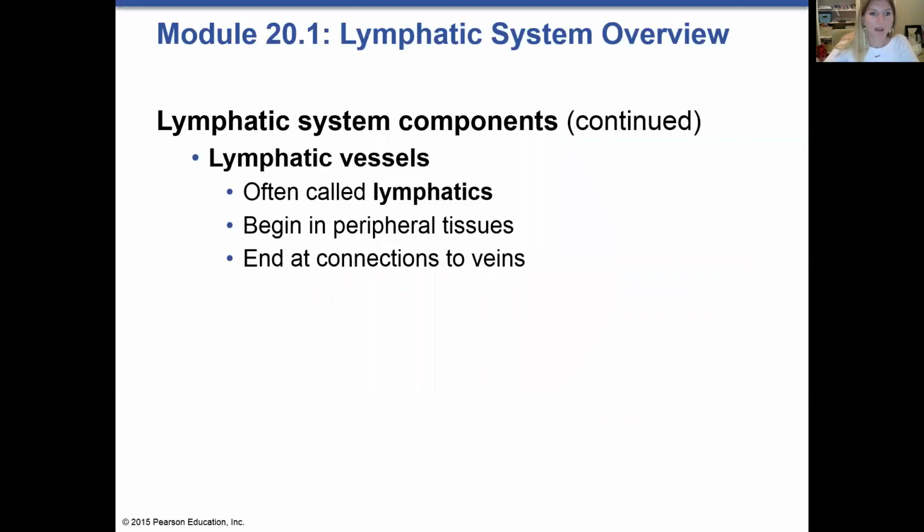All right, so lymphatic vessels are often called lymphatics. The lymphatics are the vessels that carry the lymph throughout the body. They begin in the peripheral tissues, and they end connecting back to our veins.